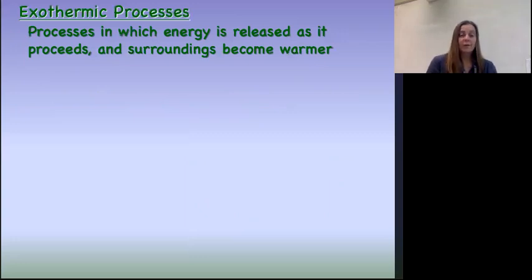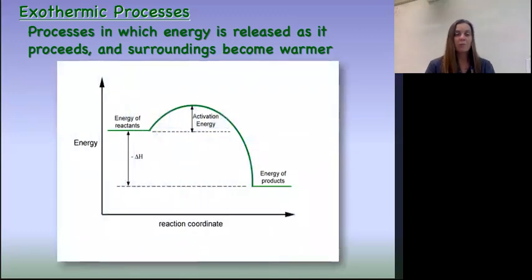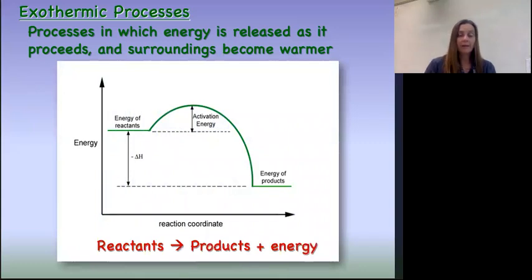So going back to thermochemistry, we remember that an exothermic reaction is a process where energy is released as that reaction goes forward and the surroundings get warmer. And you might remember these reaction coordinate diagrams that showed the energy in the system as a function of essentially time, the reaction going forward. So in our exothermic process, the energy of the reactants is high. They have a high potential energy.